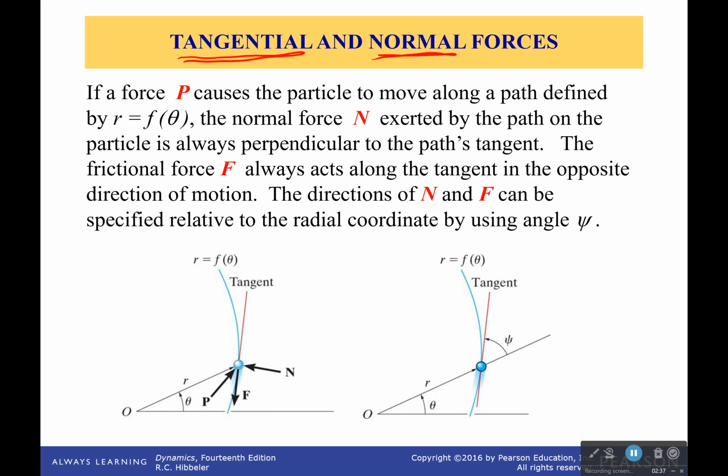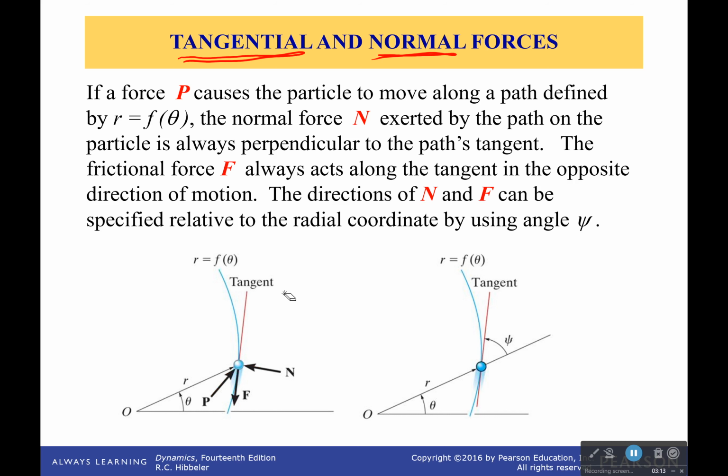However, what happens a lot of times is we will have a force that is going to be accelerating it that will be tangent to the path, which is fine. And we'll have a normal force exerted by the path on the particle. So where this becomes really kind of hairy is I don't know what this direction is necessarily, and that direction kind of frightens me. And this one also. None of these are along our radial or transverse directions.